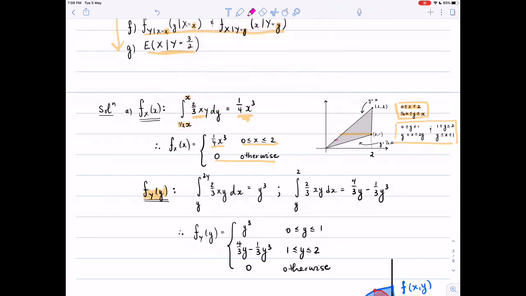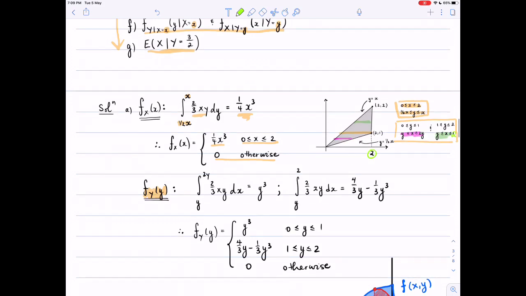If we go here, then the boundaries are from x is y to x is 2y. But if we're up here, then the boundary is from y to 2, to x equals 2. So we have to be careful because those require different integrals because they are different boundaries. So we're going to do each of those integrals.